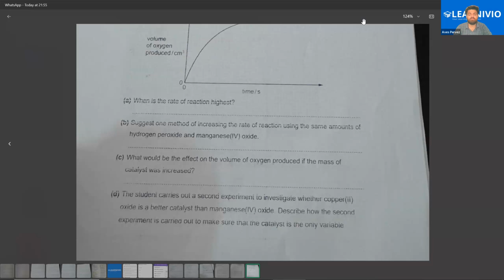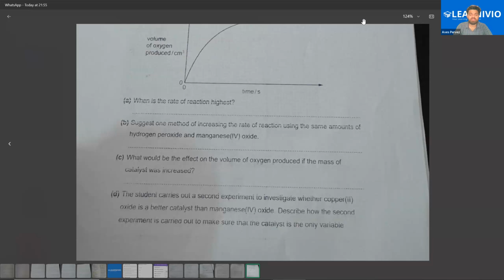Just give me a second. Variable means that which can change.